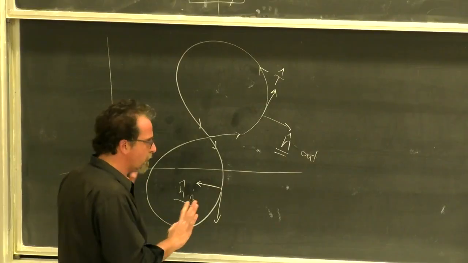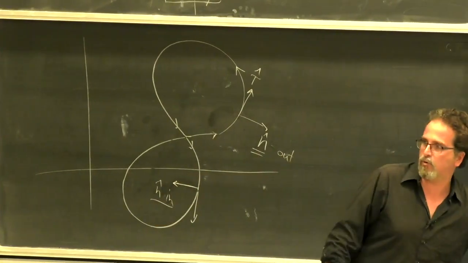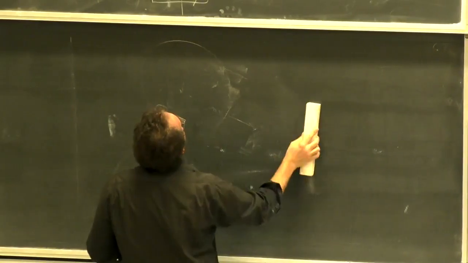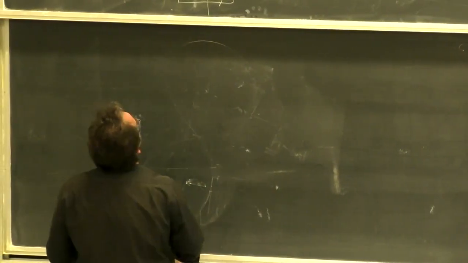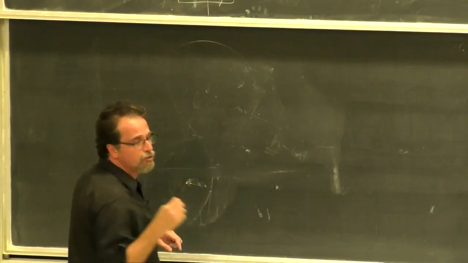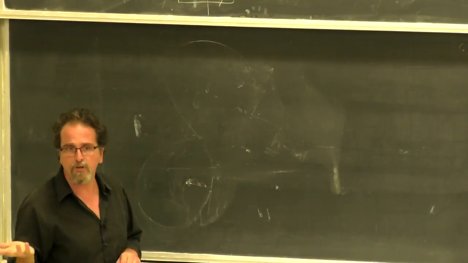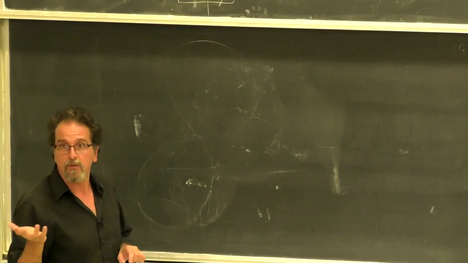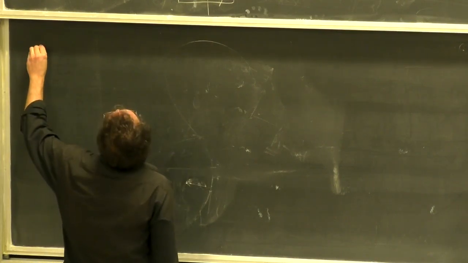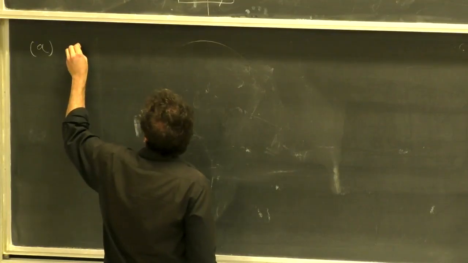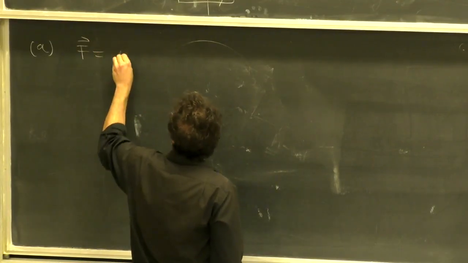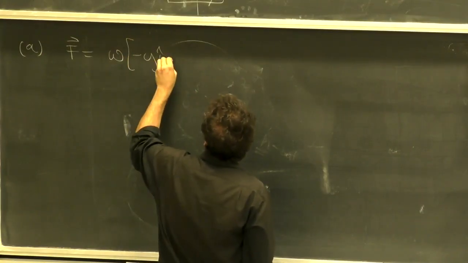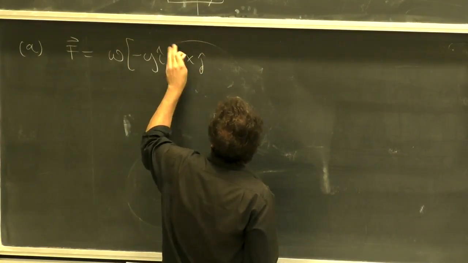Okay. I'm going to erase this staying on the same side of the room, and I want to calculate flow and circulation around those two curves for two different vector fields. And I'm going to just use two very straightforward vector fields, my two basic vector fields that I got last time. Okay? So vector field 1, or vector field A, is going to be F equals omega, some parameter, times negative y i hat plus x j hat.